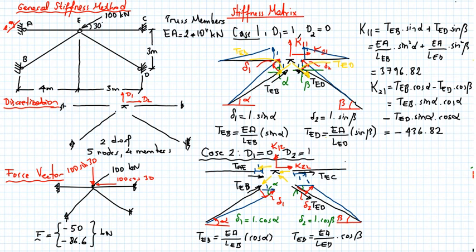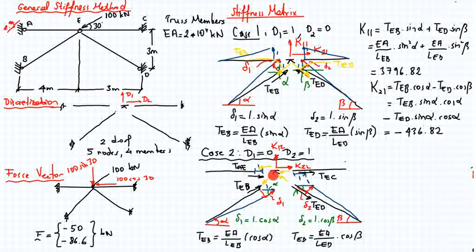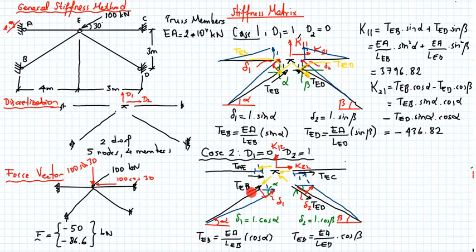Now we can determine what the forces are. So in order to determine what K22 is, I have to calculate the horizontal component of TEB, and the horizontal component of TEB, if you think that this angle is alpha, is equal to TEB times cosine alpha. And the horizontal component of ED, TED, is again TED times cosine alpha.